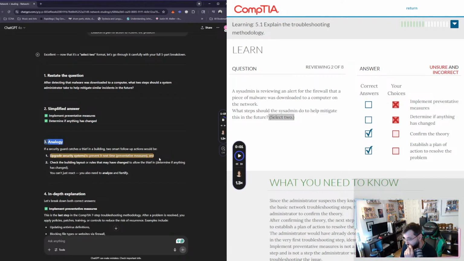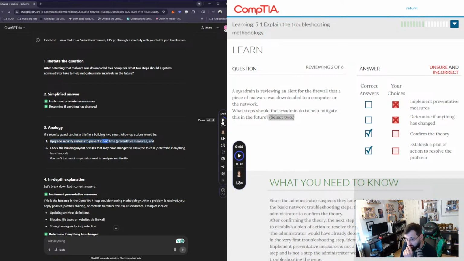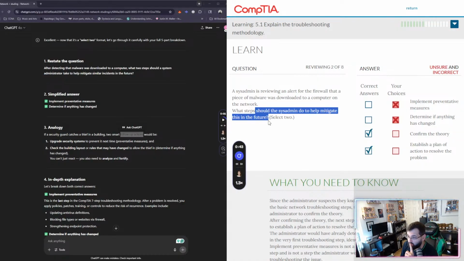3. Analogy. If a security guard catches a thief in a building, 2 smart follow-up actions would be upgrade security systems to prevent it next time. Preventative measures. See, this is it. This is the exact thing. The follow-up actions. The question didn't ask for follow-up questions. It said, what steps should the sysadmin do to help mitigate it in the future?